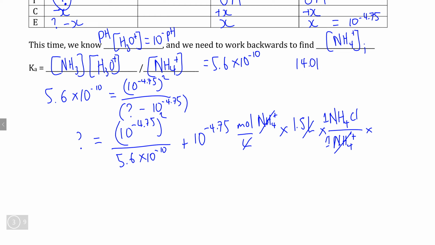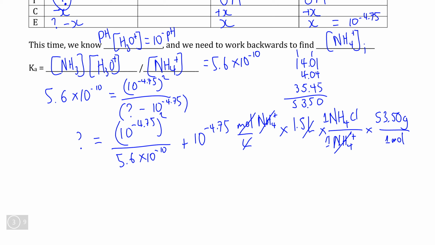Molar mass of hydrogen is 1.01. 1.01 times 4 is 4.04. And the molar mass of chlorine is 35.45. Let's do some quick arithmetic here. And if you check my arithmetic to make sure that it works, you should find that the molar mass of ammonium chloride is 53.50 grams per mole.